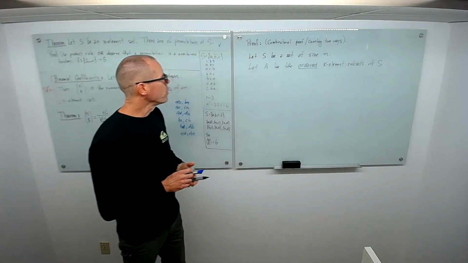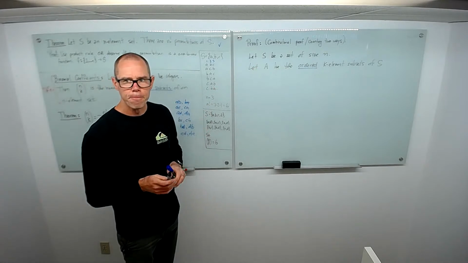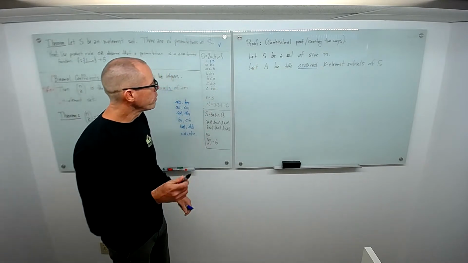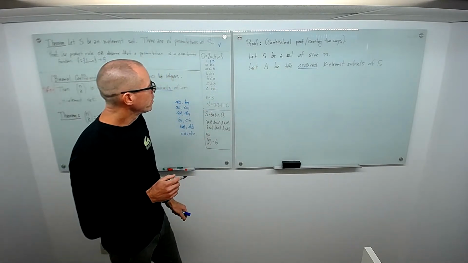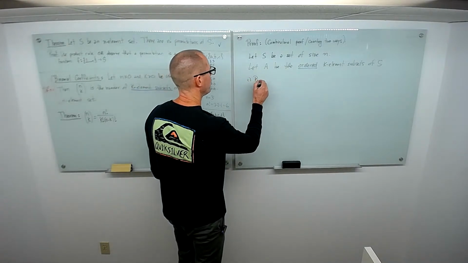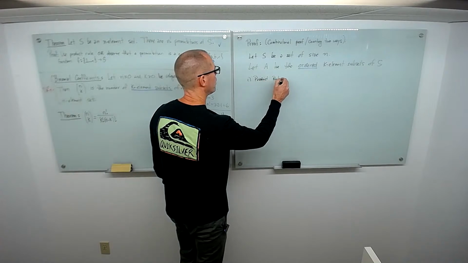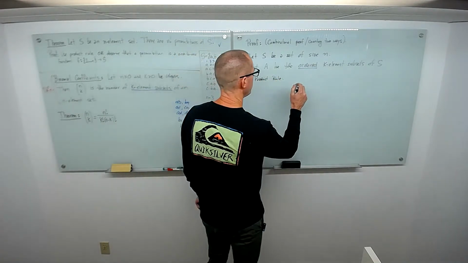So we're going to figure out the size of A here. We're going to do that in 2 different ways. So here's one way to count the size of A. We'll use the product rule with 2 steps.